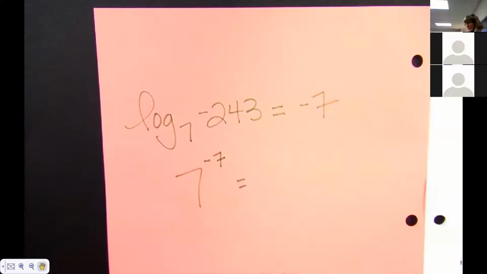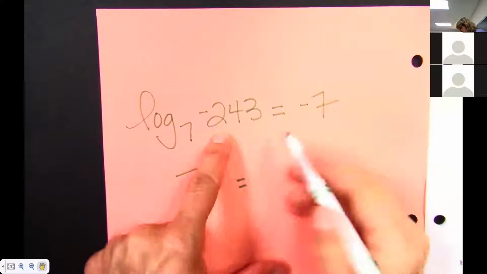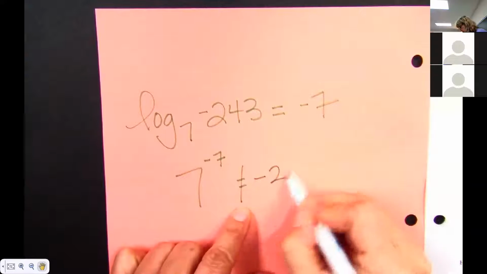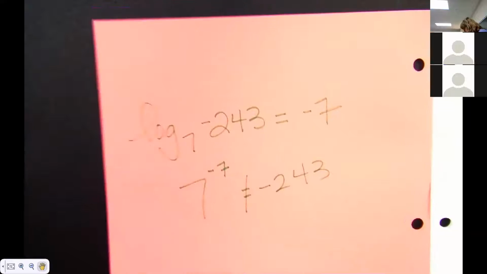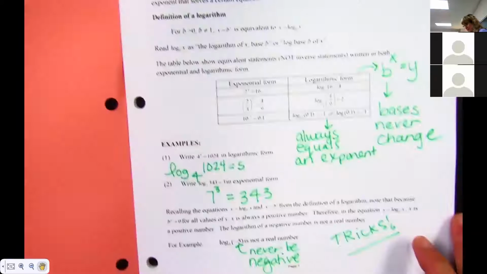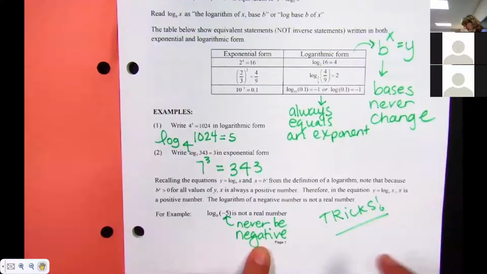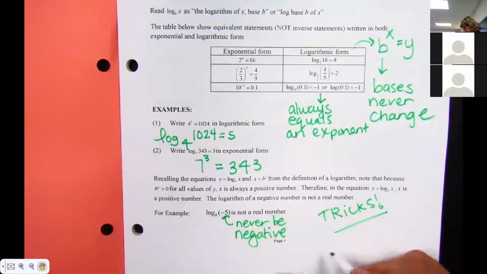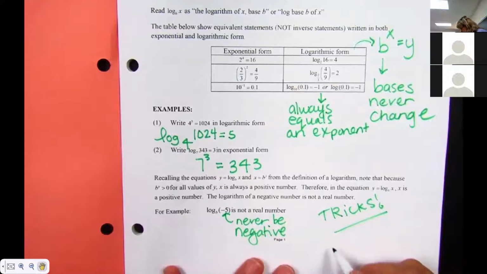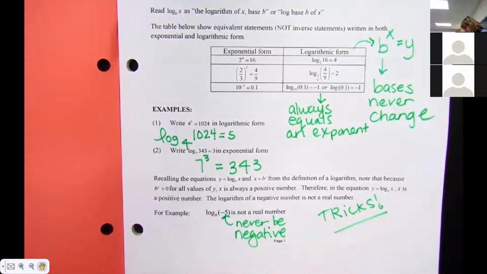Y'all, would that give you a negative number? No, it'd give you a fraction. Remember, it would give you a fraction. There's no way it can equal 243. So please remember, other numbers can be negative. The answer, the exponent can certainly be negative, but never the argument. That number that we're taking the log of, that's called an argument.